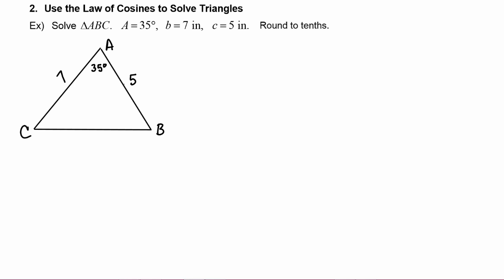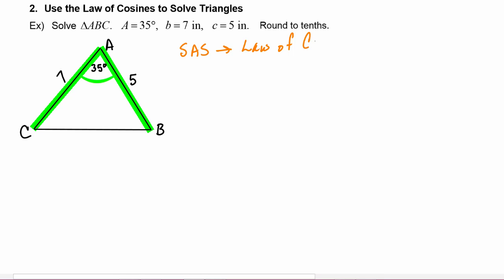So, assessing what we have here, we can see that we have two sides and their included angle. So this is that case where we have side angle side, which means we can use the law of cosines.